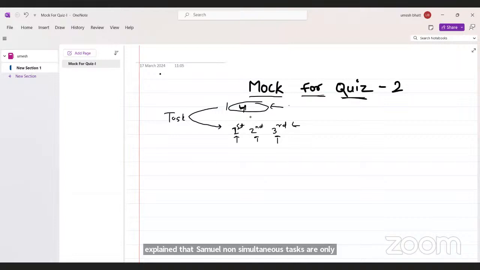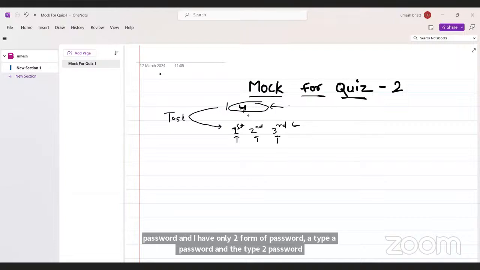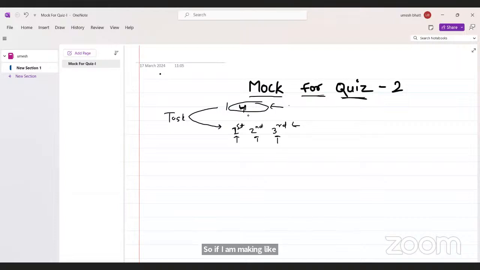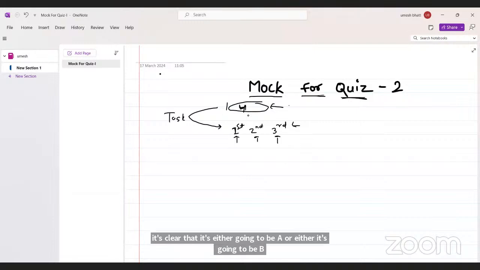For example, I can choose a password, and I have only two forms: a type A password and a type B password. If I am asked the total number of passwords I can make, it is either going to be A or B. In this case, it's not simultaneous. That's what I understood before.